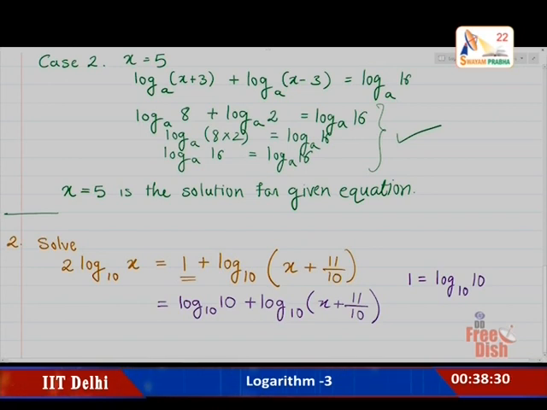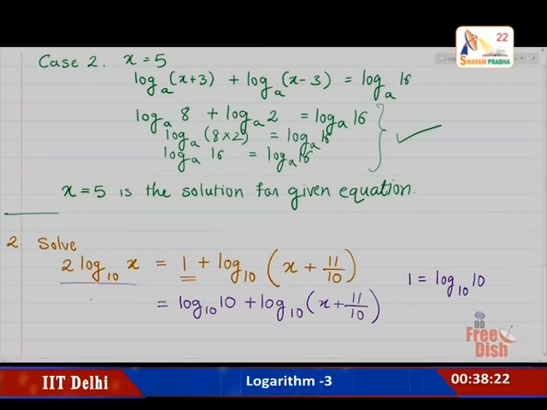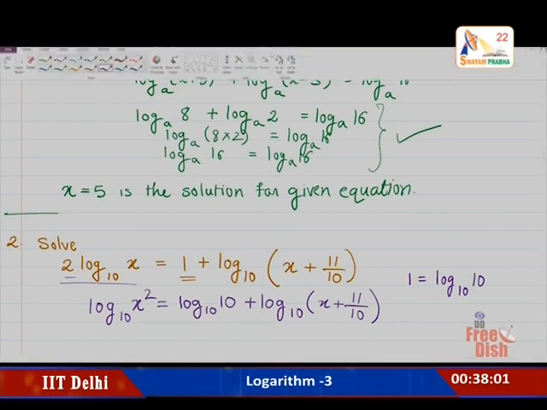Then I can rewrite the left side also by using the power law. What will this be? Log to the base 10 of x square, because n times log to the base a of m should be log to the base a of m raised to n. Let me change the color now.